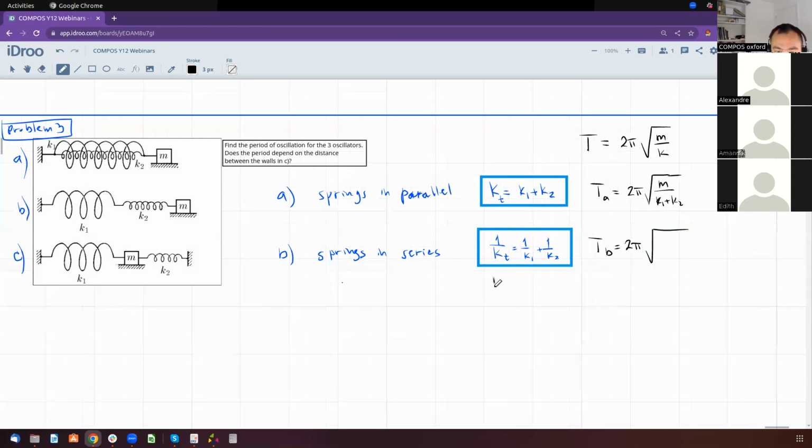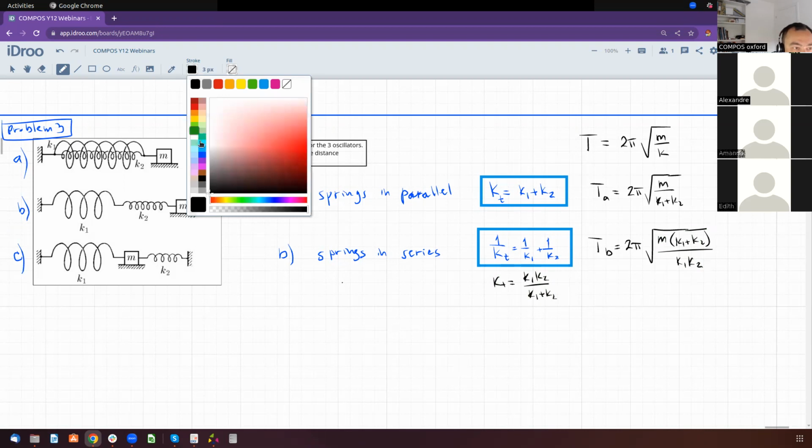Now the total K is K1 K2 divided by K1 plus K2. So that would be m multiplied by K1 plus K2 divided by K1 K2. And in C, what do you think?